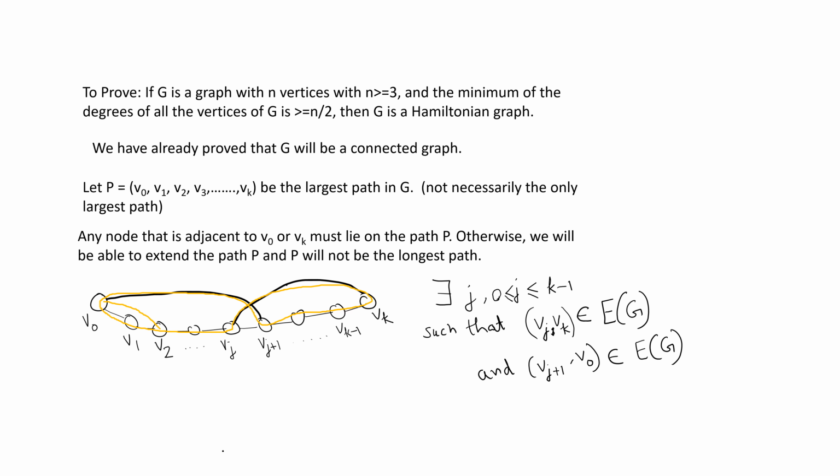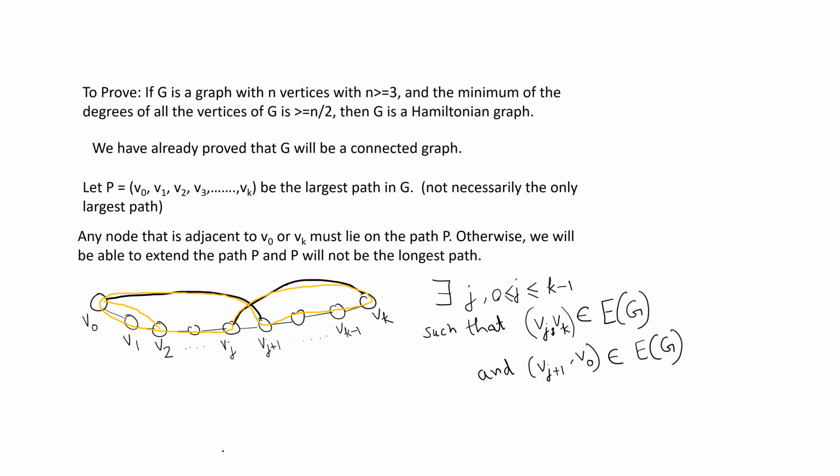If V2 is a neighbor of V0, then V1 will not be allowed to be a neighbor of Vk. Although V2 can be a neighbor, V1 cannot be. So for every neighbor of V0, there will be one node which will be disallowed to be a neighbor of Vk. What are the consequences of this?